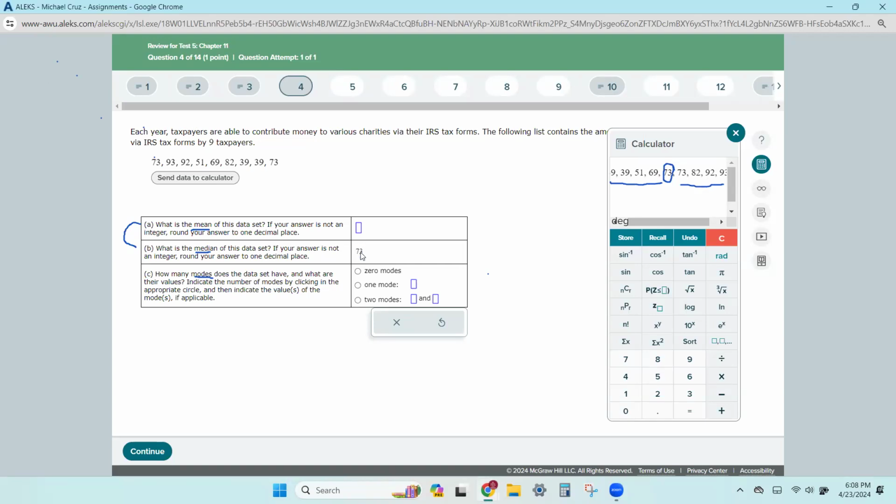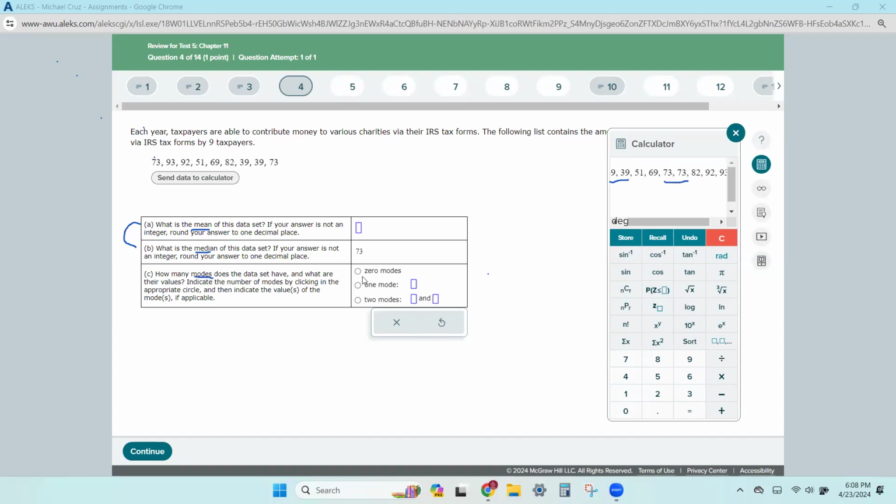Now, since I got them sorted, it makes it easier to do the mode also. And so we just got to see what repeats. And the ones that repeat are the 39 and the 73. So the 39 and the 73.